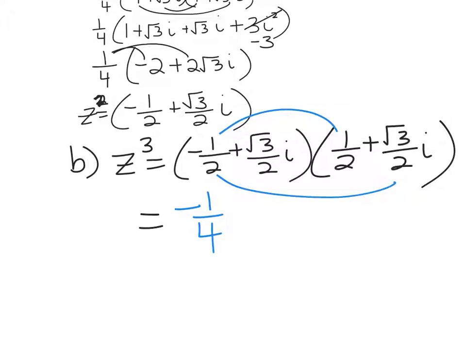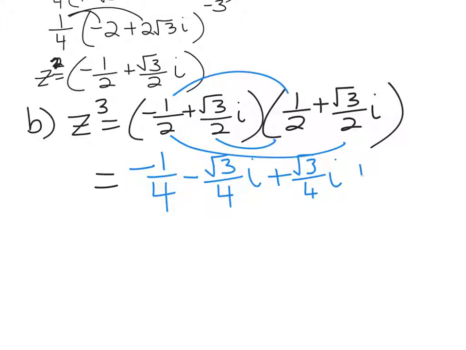My outside term is negative (√3/4) i. So it's -1 times √3, 2 times 2, and then there's an i there. My inside term is positive, because it's √3 over 2 times 1/2 is (√3/4) i. Do you see that already? And then the last term would be √3 times √3 is 3, 2 times 2 is 4, i times i is i squared.